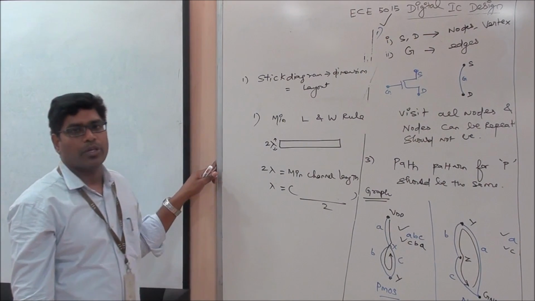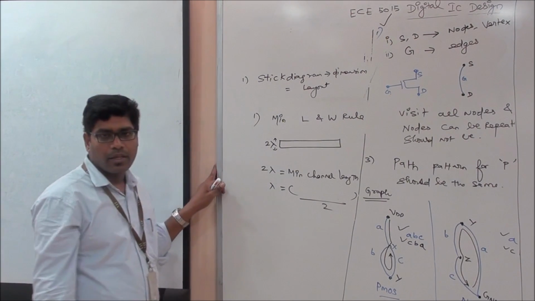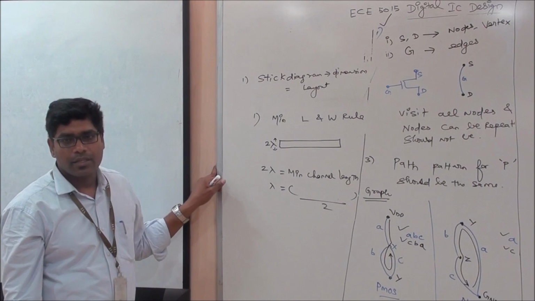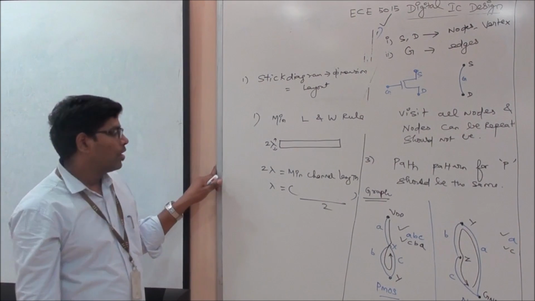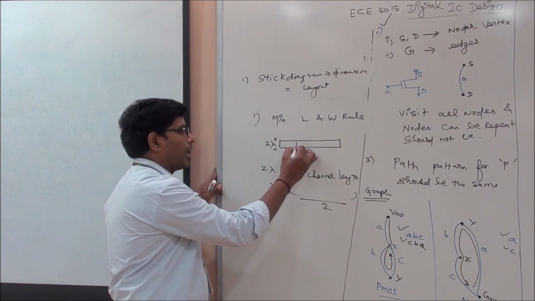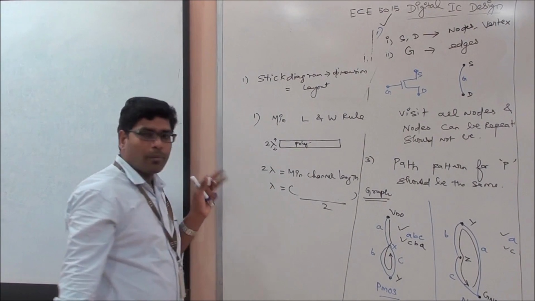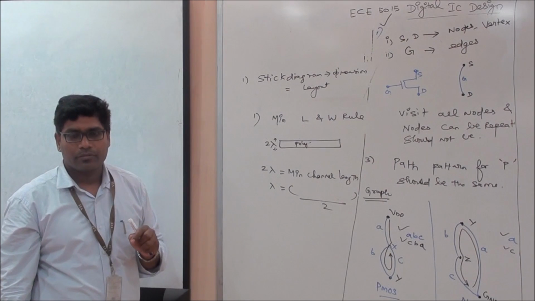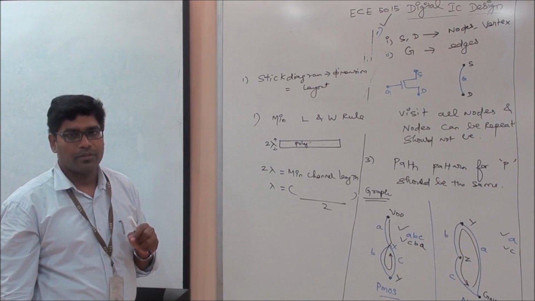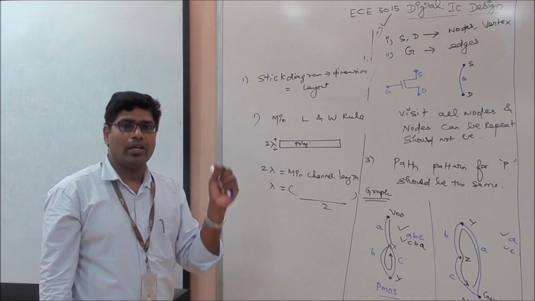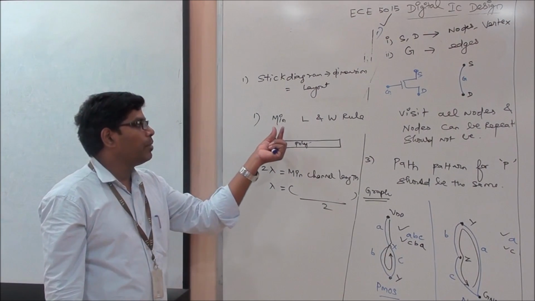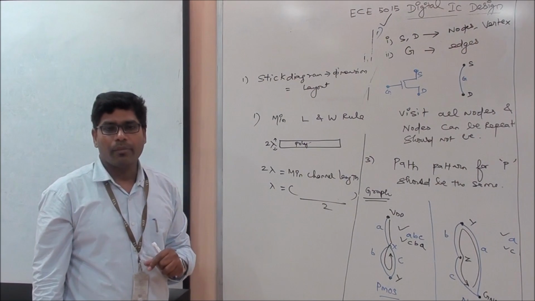Say if I am working with 600 nanometer technology, my lambda is 300 nanometer. So if I am using a polyline, the polyline width should be 600 nanometer. Anything less than this 600 nanometer will lead to a minimum length and minimum width violation.